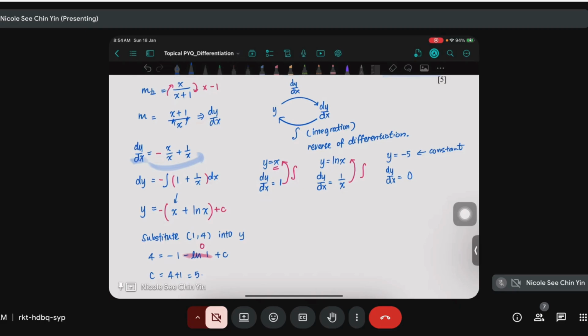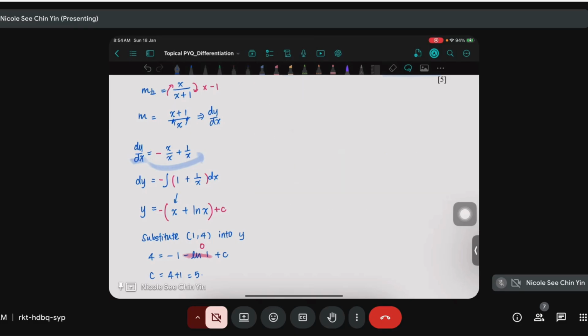Okay, next part. I'm going to erase this one because a lot of you already copied it down. Therefore, my equation is y equals 5 minus ln x minus x, shown.